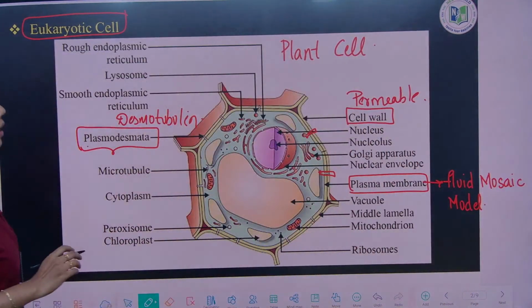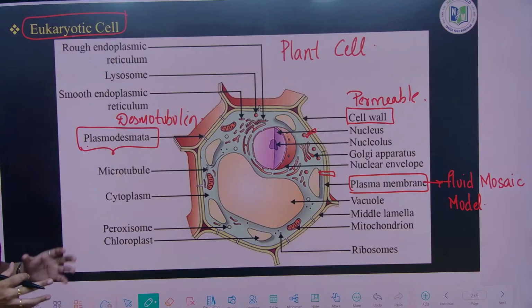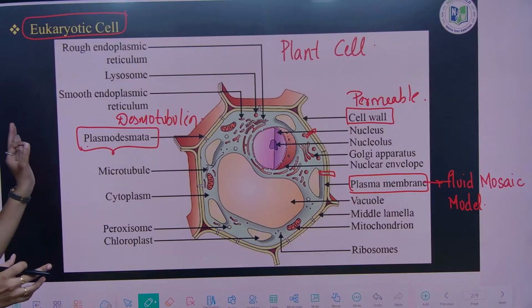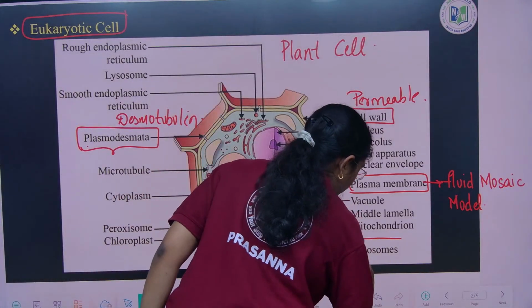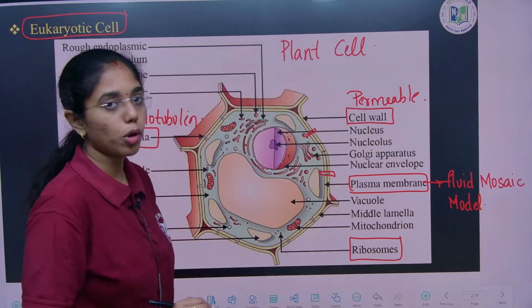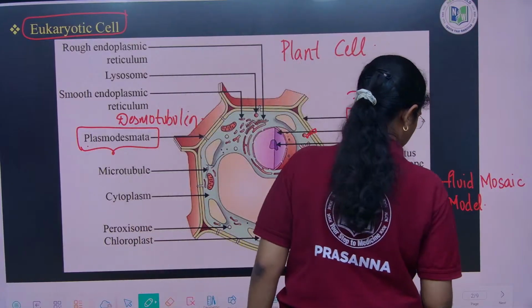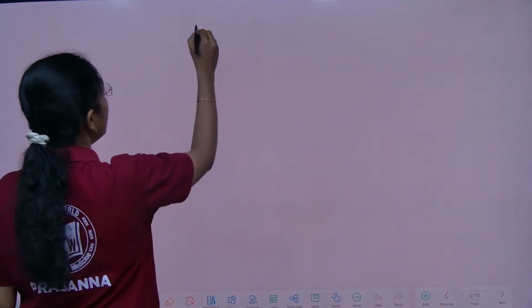Now first we will look into the non-membrane bound organelles that are present in the plant cell. The only non-membranous organelle is the ribosome. Ribosomes are the only non-membrane bound organelle in a plant cell.